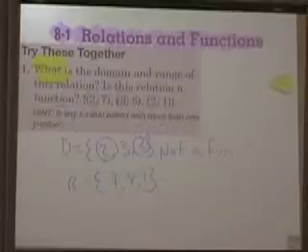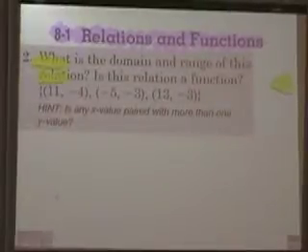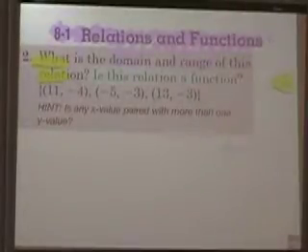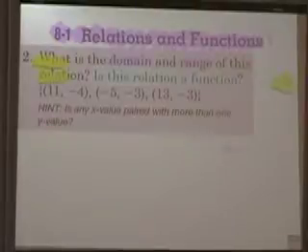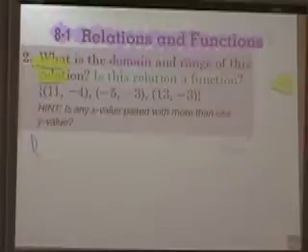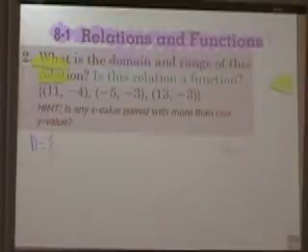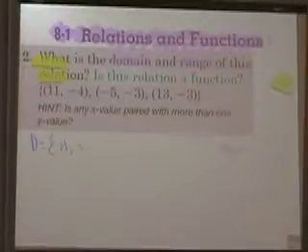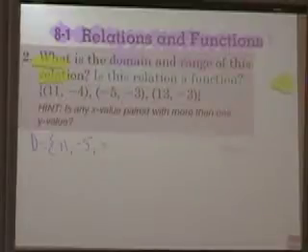So I'm going to put one up there for you to try. So please try that one. Alright, now we have the relation up there and it wants us to tell the domain. What's the domain, LA? 11, negative 5, and 13.